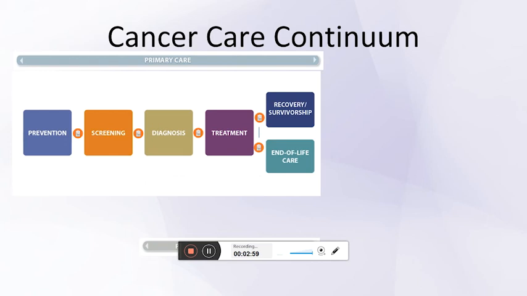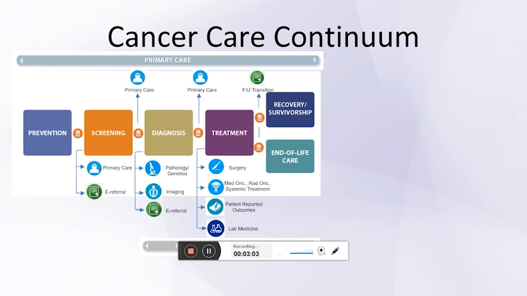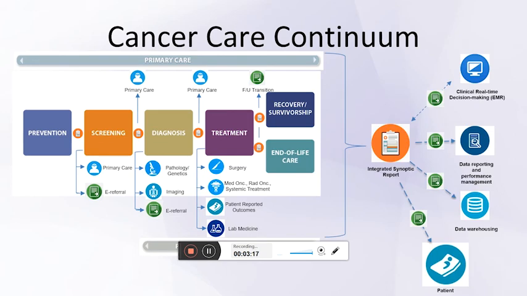So everything from a referral to the pathology study to the surgery report and radiology report would all be interoperable and come together in an integrated synoptic view, which would be for primary care, which would be for specialists, which would be for patients, and it might even provide them with different reports depending on the audience.